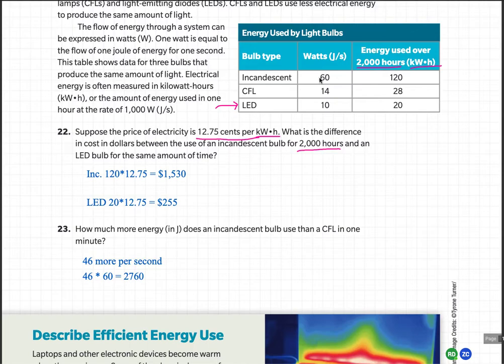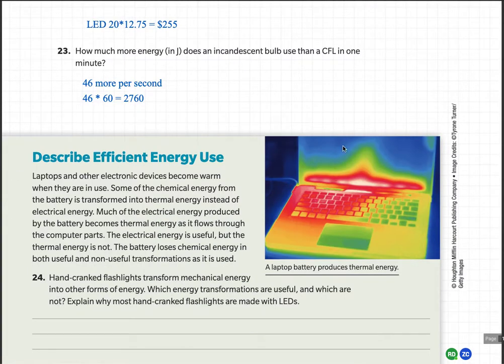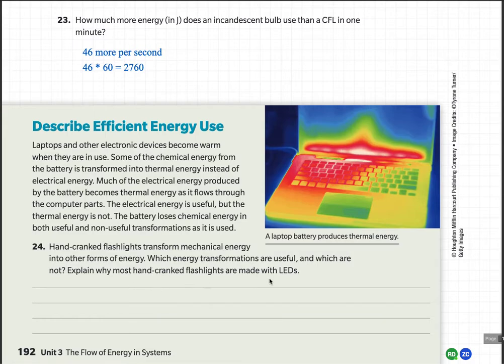This one you'd have to wind 6 times for the same amount of brightness. So if it was just these two bulbs, you'd have to be winding 6 times as much if you weren't using an LED, because you'd be producing a bunch of energy that just gets lost through heat or through other things like that. If you use an LED, it's much more efficient. So you wouldn't have to wind as much. You wouldn't have to use as much energy.